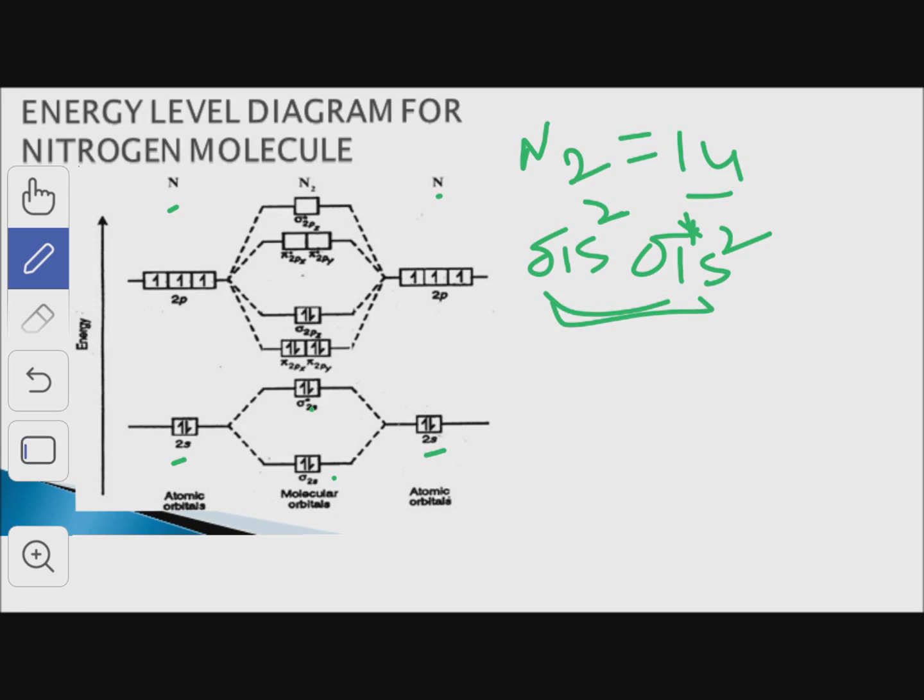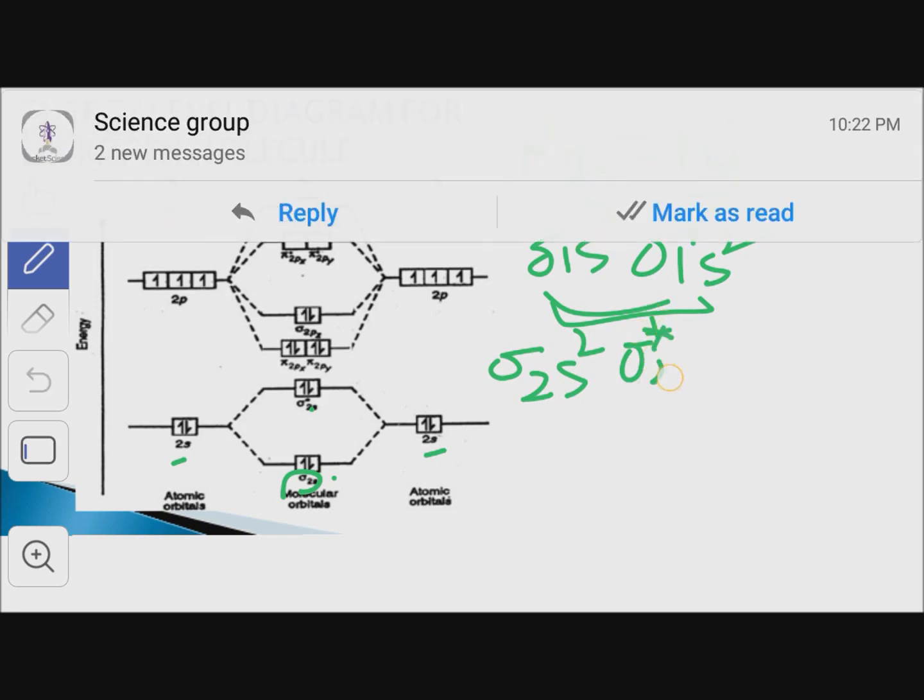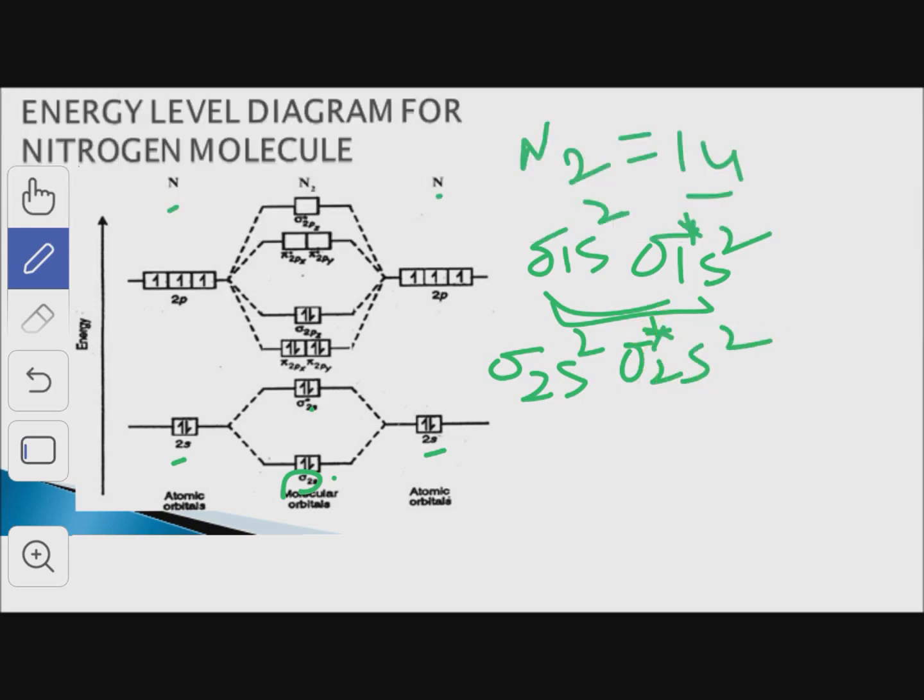And in this diagram we have sigma 2s 2 electrons, and the electronic configuration for the N2 molecule according to this energy level diagram is sigma 2s2, sigma star 2s2, pi 2px2, pi 2py2.